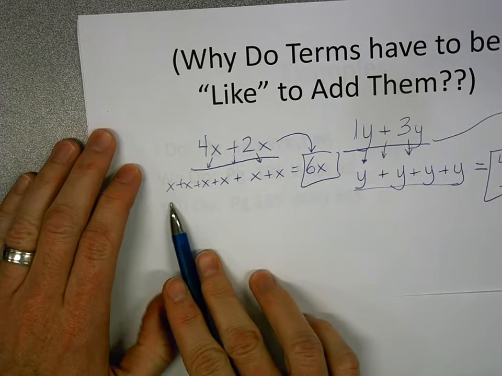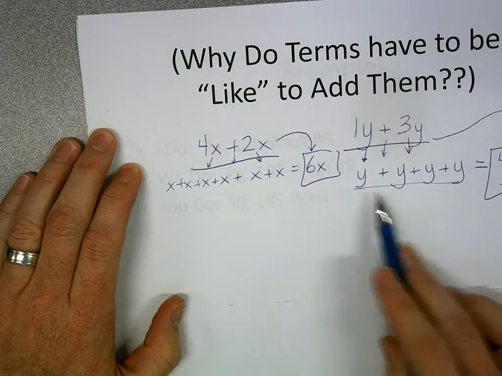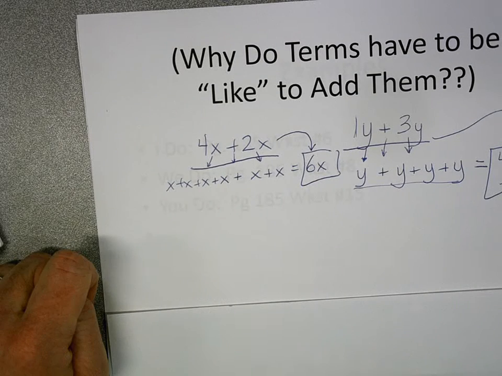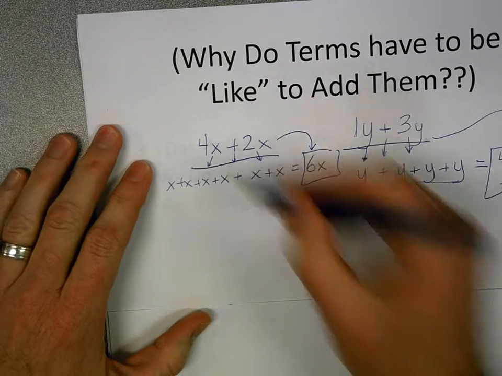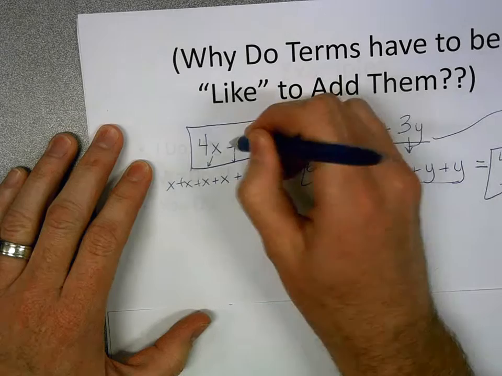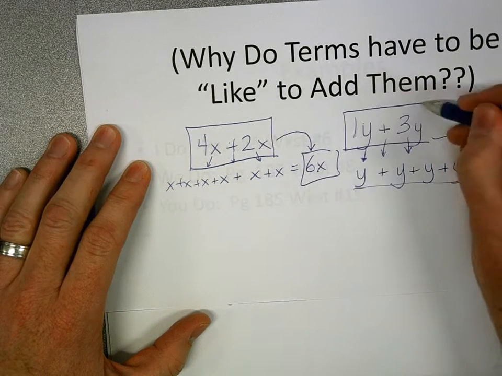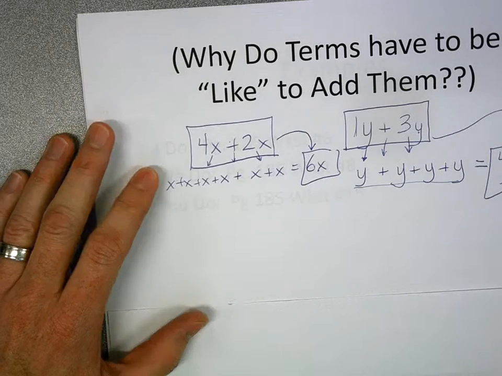Instead of me making you write all of these x's out or all these y's out to solve your answers in this lesson, does anyone know of a quick way to take a problem like this to get an answer like this? Or take a problem like this to get an answer like this?